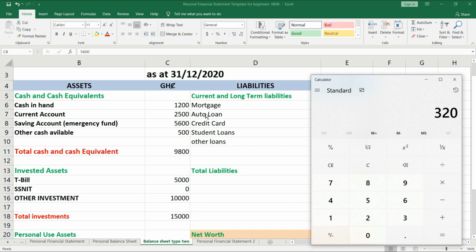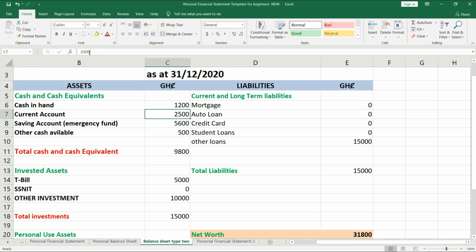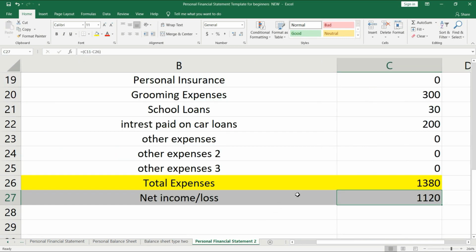So let's add 2,500 to this and see what we get. 2,820 cedis. Okay, so I've exhausted the 1,120 in here. You understand?